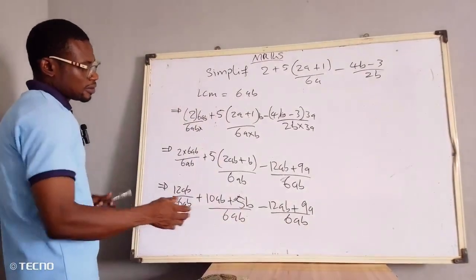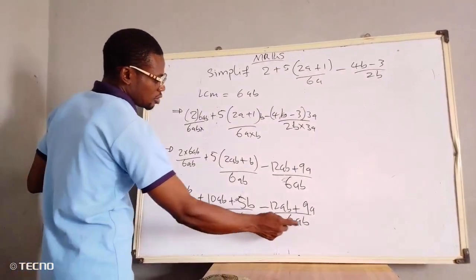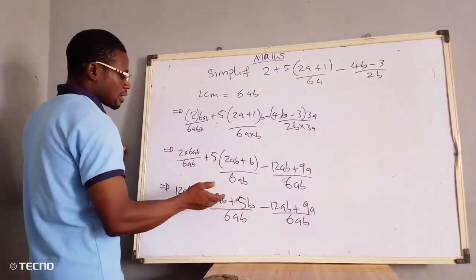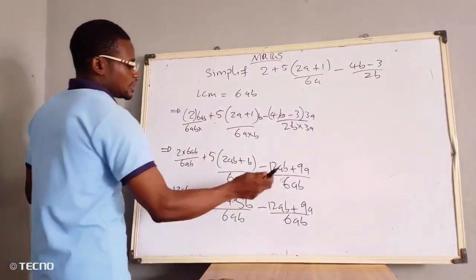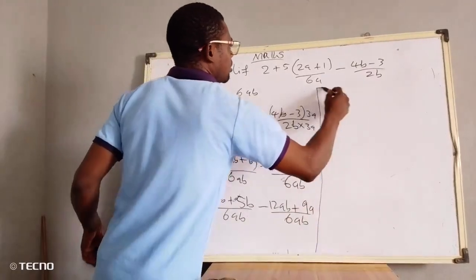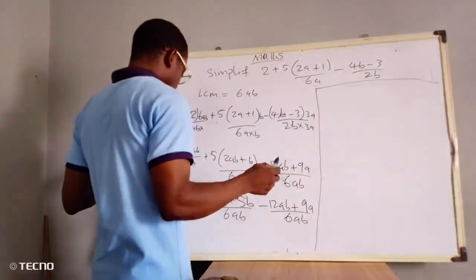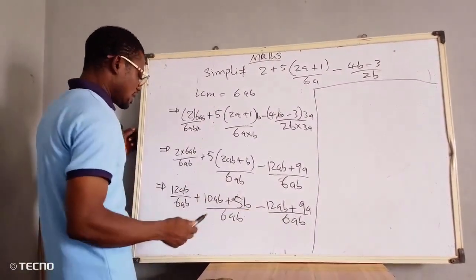Now we have succeeded in making the denominators the same. We can now add and subtract the numerators. Okay, let me divide my board. So what we now have, since the denominators are the same, I pick one of them.